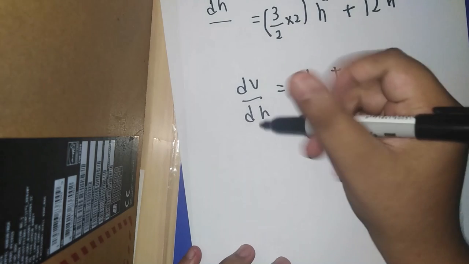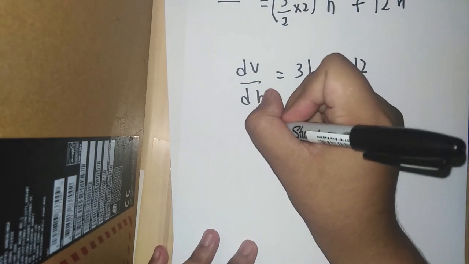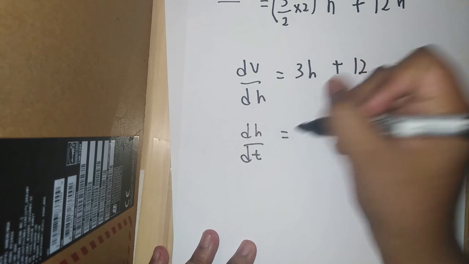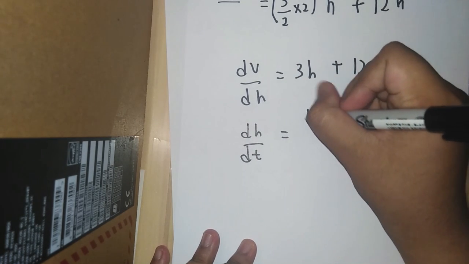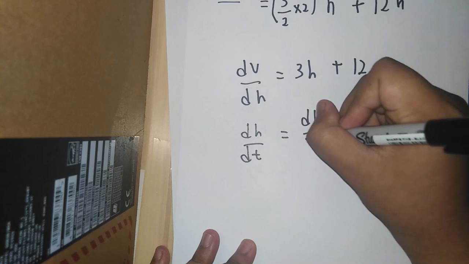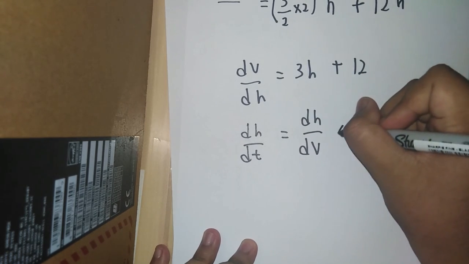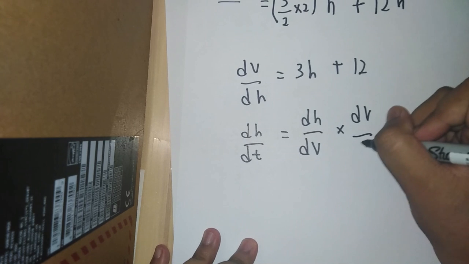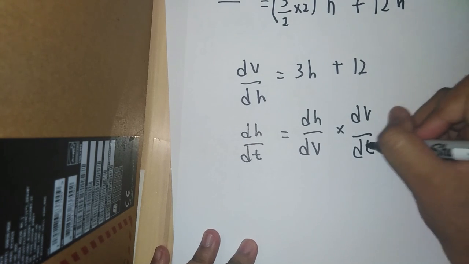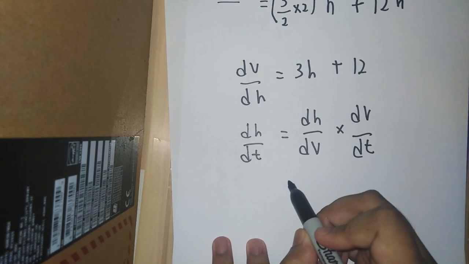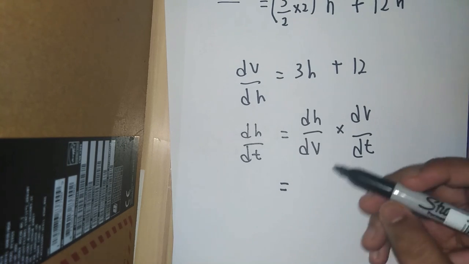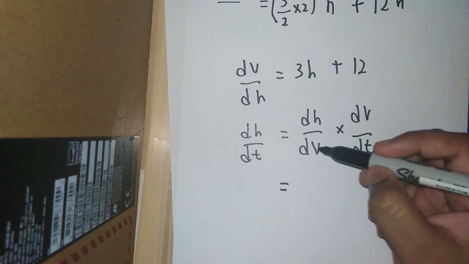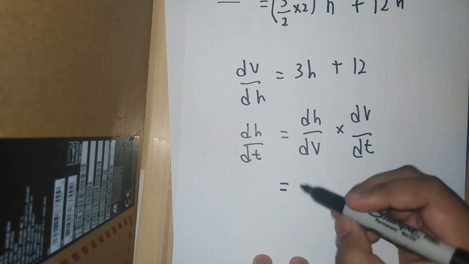Because the formula of dh over dt is dh over dV times dV over dt, we need to make dV over dh into dh over dV.